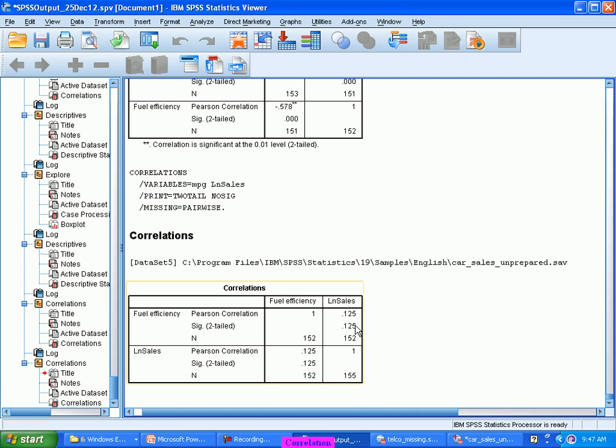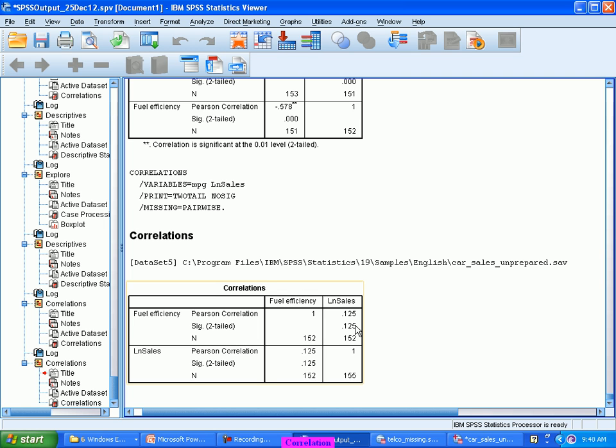People are not behind fuel efficient cars only. But whatever is the fuel efficiency, if the price is lesser, people are buying it. So if you are trying to build up a relation, we are finding that fuel efficient cars are priced lesser. Lesser price, higher sales.